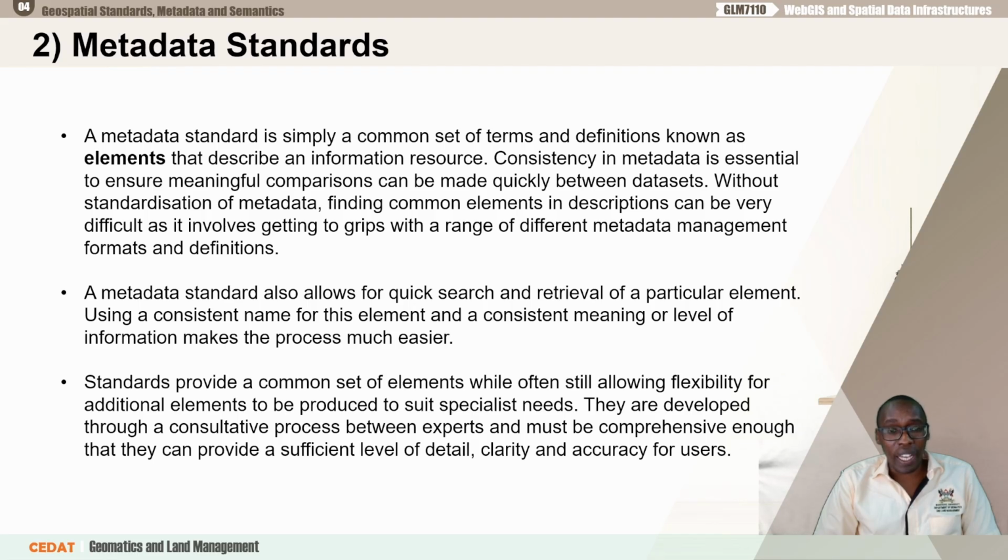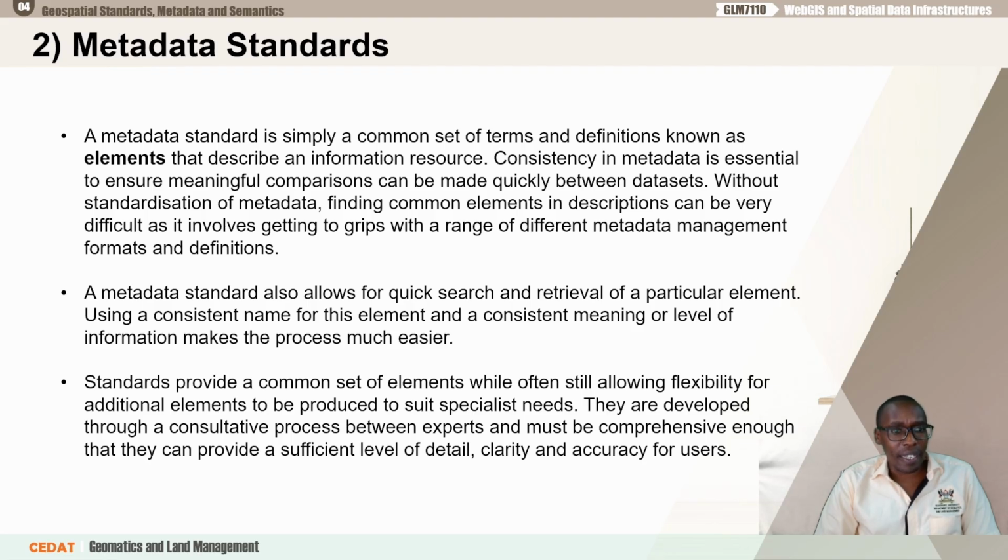So when we have metadata, once again, it's very easy for us to meaningfully compare different data sets. If you don't standardize metadata, then it can be very difficult for you to even compare different data sets.